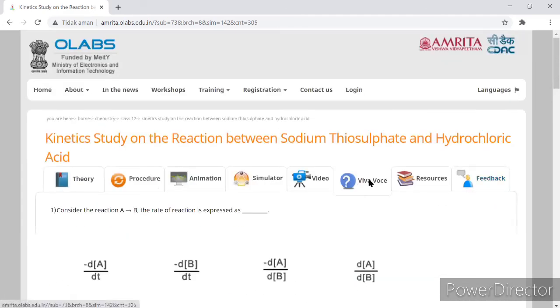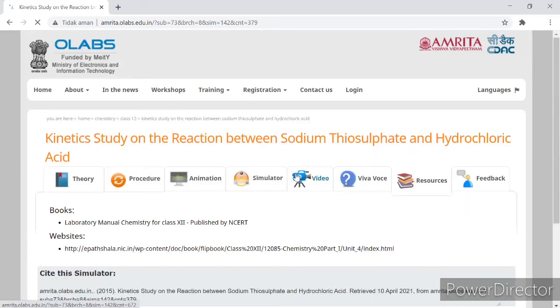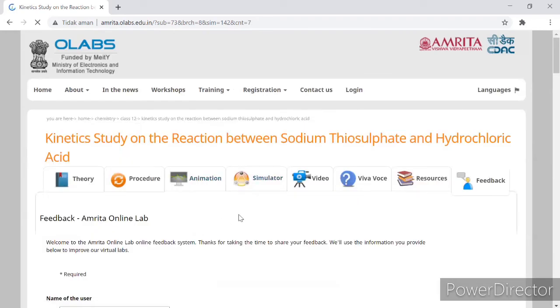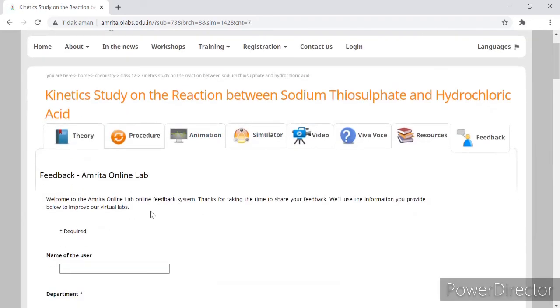Okay, and after that, we can jump into the resource. In the resource, we can see the books that they cite in here. It is Laboratory Manual Chemistry for class grade 12, yeah, and also the website. In the last component, there is a feedback, yeah.